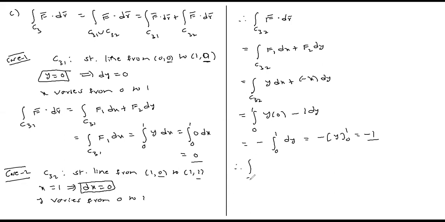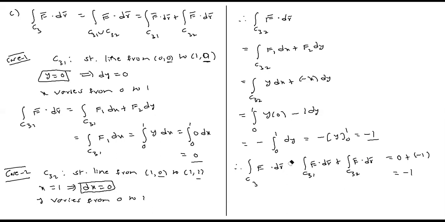Therefore the integral along C3 is the integral along C31 plus the integral along C32, equal to 0 plus minus 1. The first integral is 0, the second integral is minus 1, so the final answer is minus 1. Is that okay?